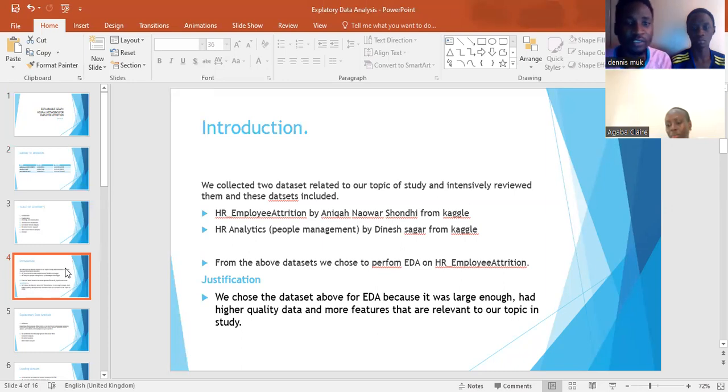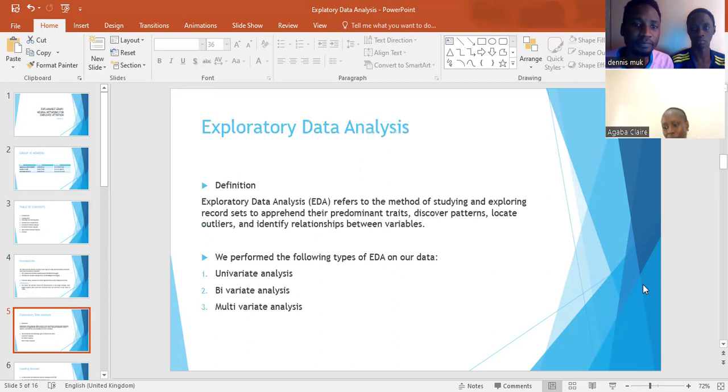We chose it because it was large enough, had higher quality data, and more features that are relevant to our topic of study.